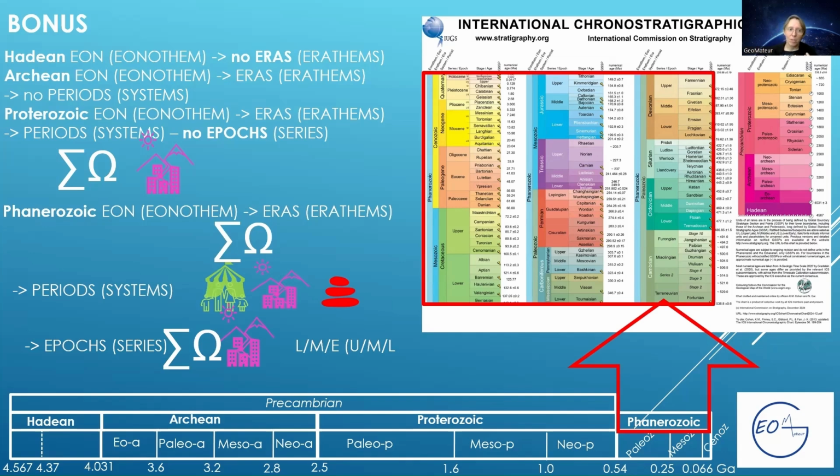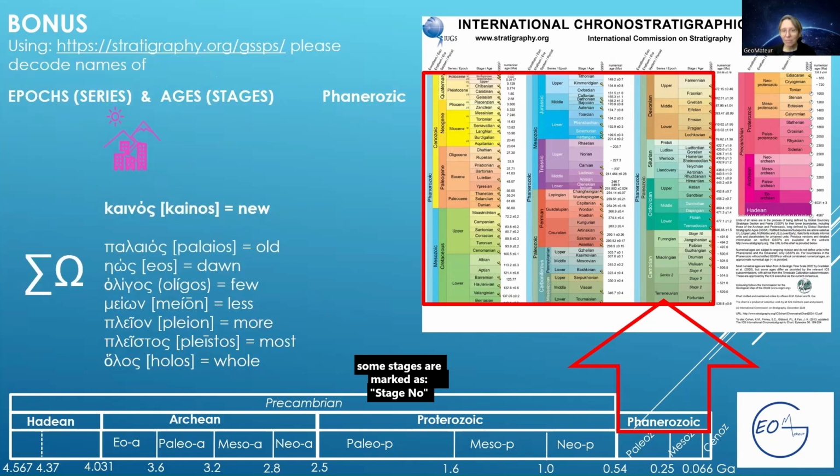Periods or systems are divided into epochs or series, and the names come from Greek or places. There are also used the terms late, middle, and early, or upper, middle, or lower. And epochs or series are divided into ages or stages respectively.